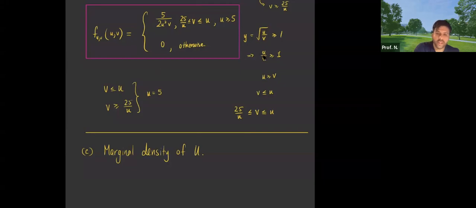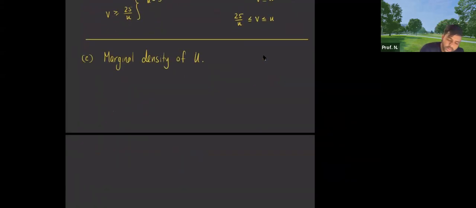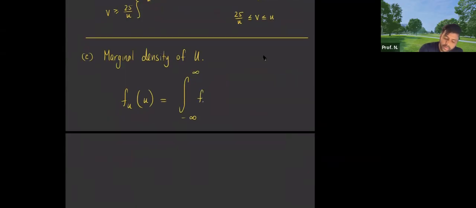Integrate over v. That's right. So this is f of little u. This is the integral from negative infinity to infinity of what? Of f of u, v over dv.